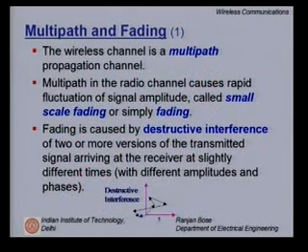Fading is caused by destructive interference of two or more versions of the transmitted signal arriving at the receiver at slightly different times. Clearly, when I have several paths, what I receive will have different amplitudes of the same signal and clearly different phases, because path difference causes difference in amplitude and phase.